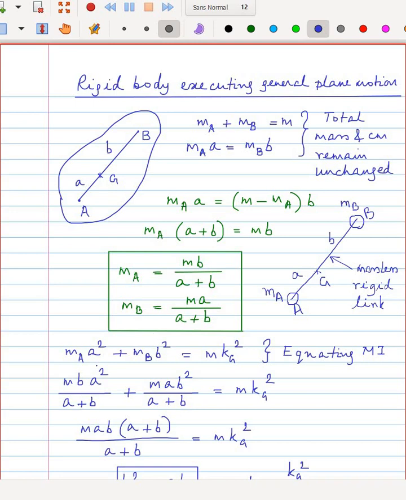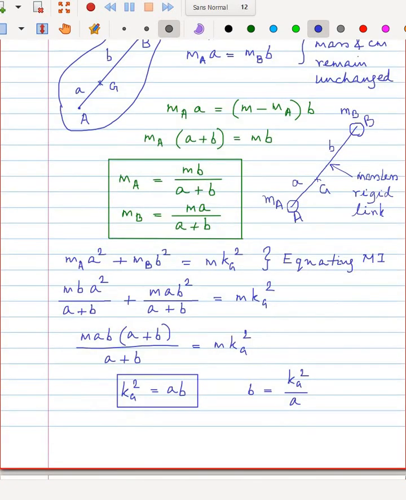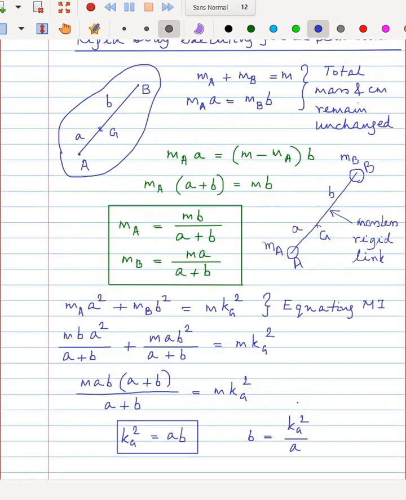Then again a little bit of manipulation, you put MA from here, and you get kG square is a b. So b is kG square by a. So if you know kG square and a, you can find out b.